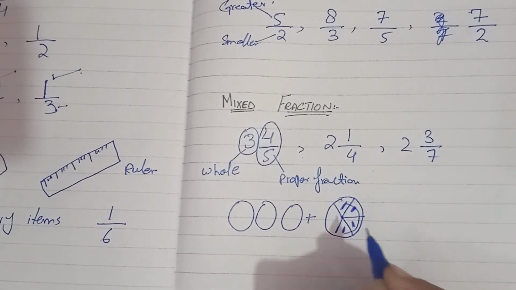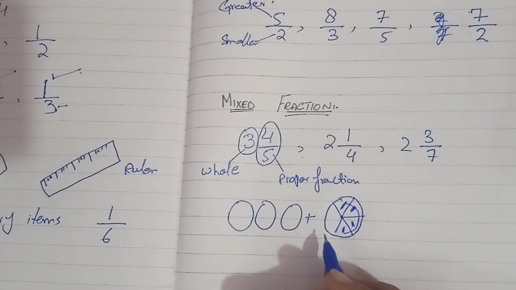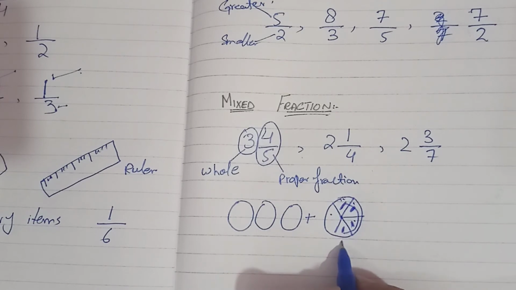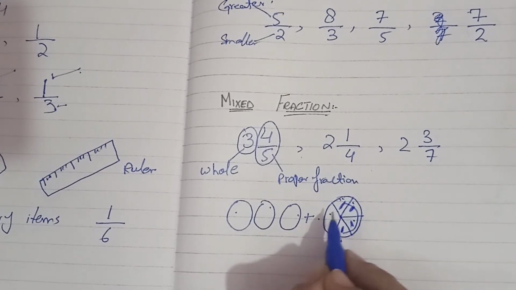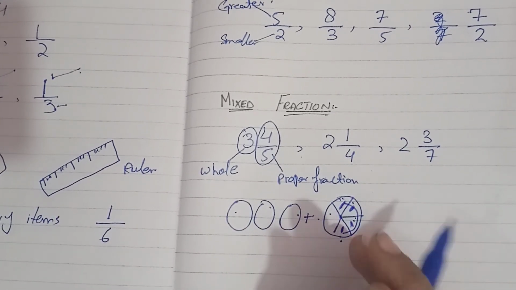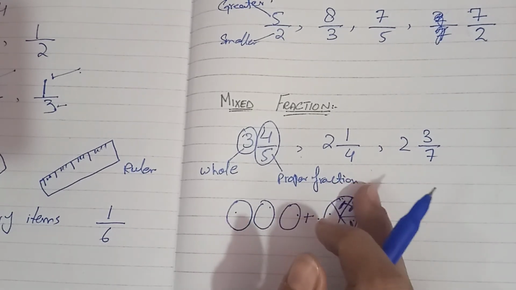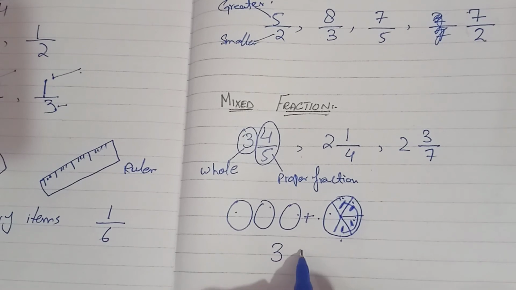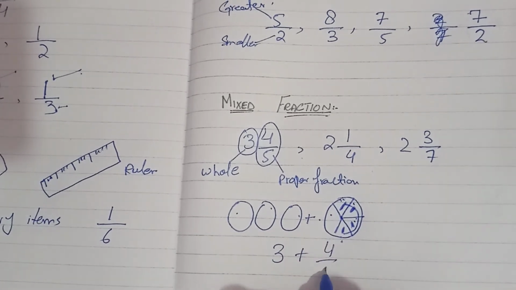This four is 4 upon 5. How many total parts are there? 1, 2, 3, 4, 5. So 3 whole plus 4 upon 5. Total parts are 5 and out of 5 you have 4.